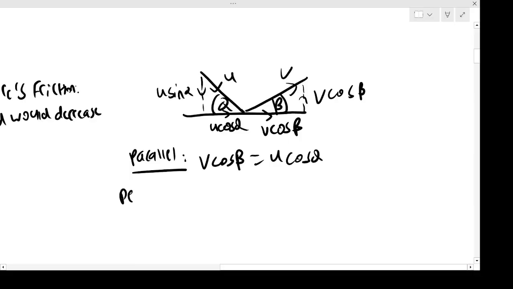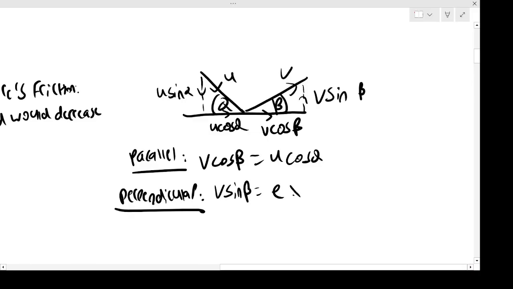Then perpendicular, that would be v sine beta perpendicular. It's going to be e lots of the original perpendicular speed, so it's going to be e u sine alpha.